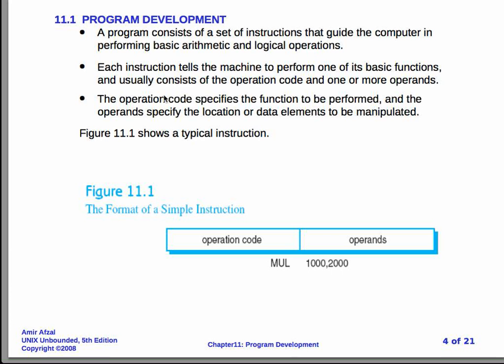The operation code, or the opcode, specifies the function. So usually a machine language instruction will have an opcode, or operation code, and operands. The opcode in this example is multiply. There's usually a single byte, sometimes a couple of bytes, that say what the operation code is.